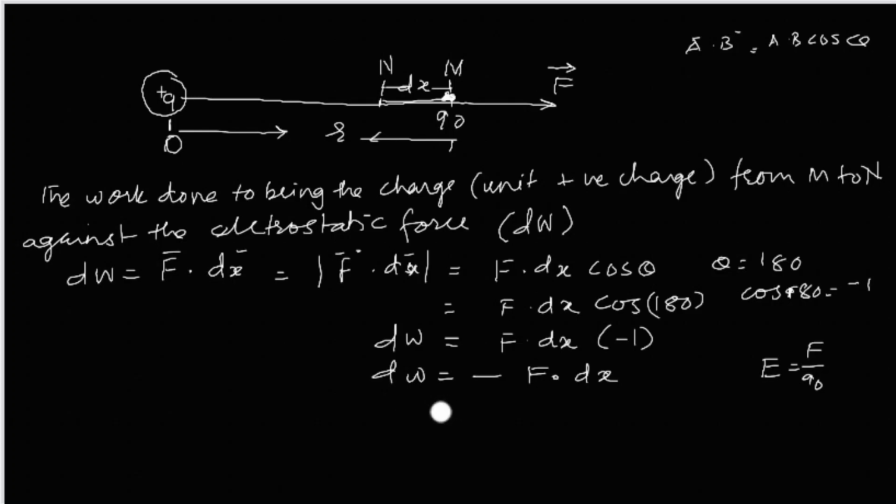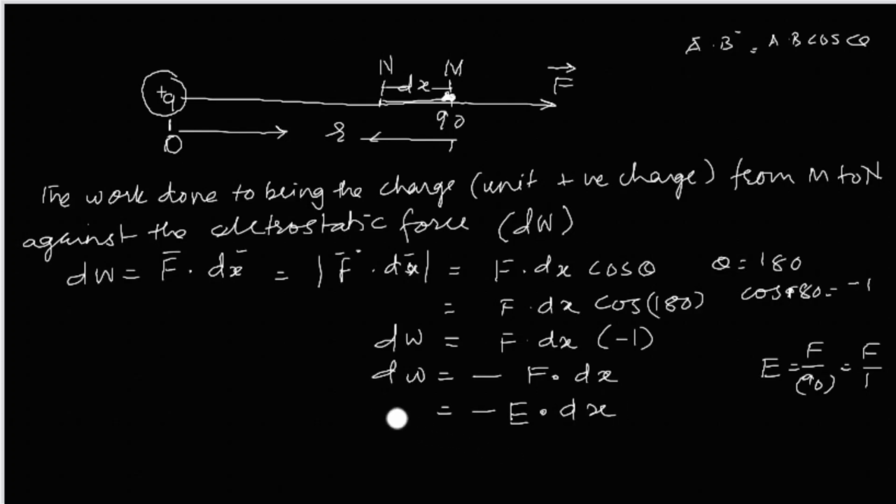Q0 is unit charge, so it is F upon 1. So E is equal to F, and instead of F we can write E, so it will be E into dx.